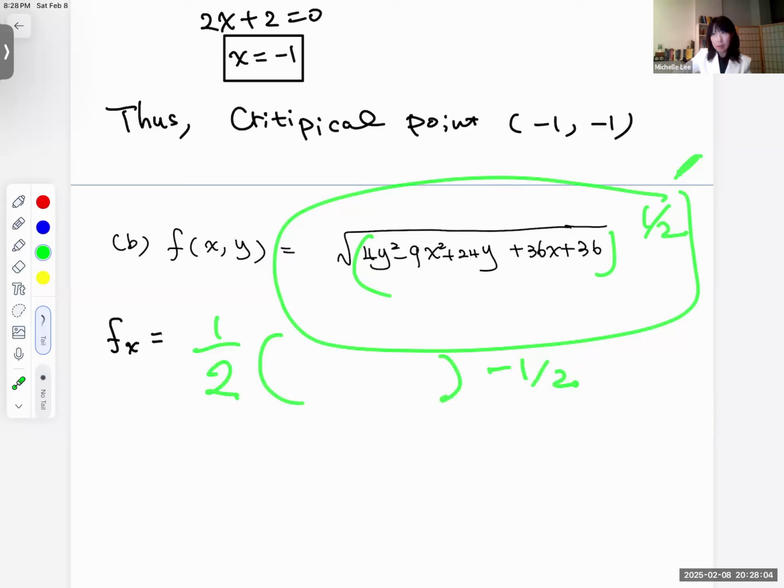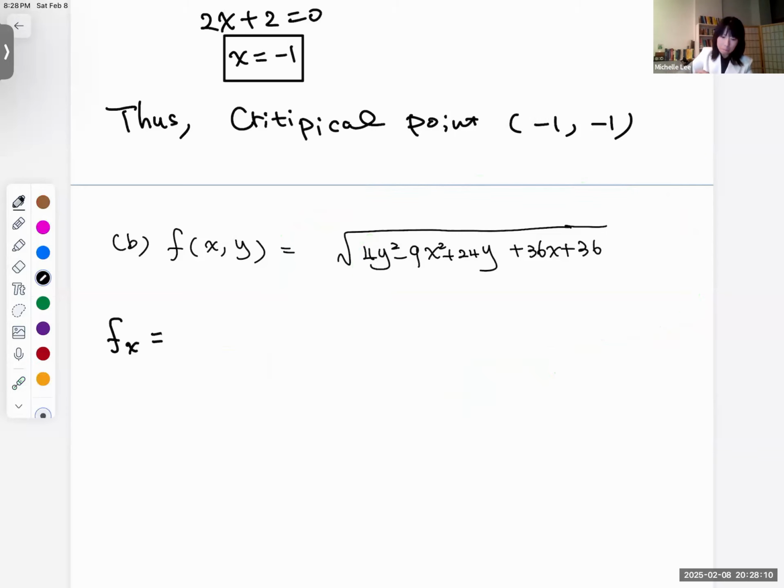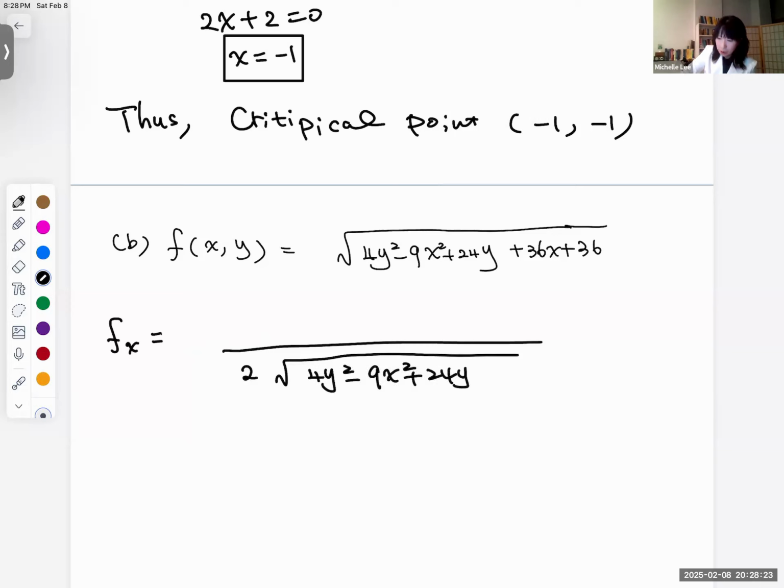Then we have 1/2 times the square root of 4y squared minus 9x squared plus 24y plus 36x plus 36. And then we apply the chain rule inside.